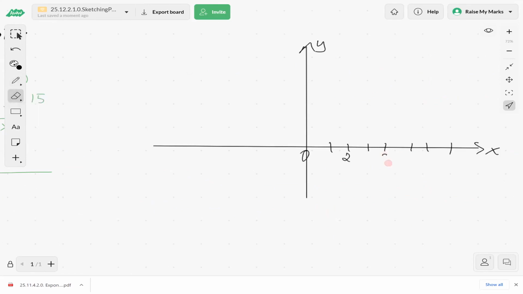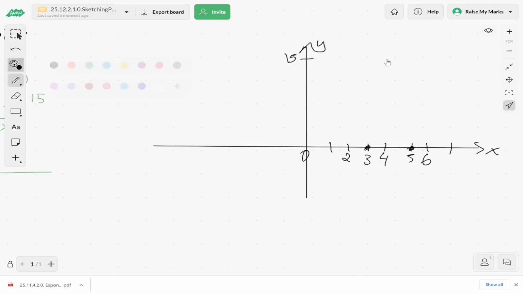Let's just label some values here. Our y-intercept's actually quite a large number. It's 15. Our x-intercepts are 3 and 5. Put those in there.